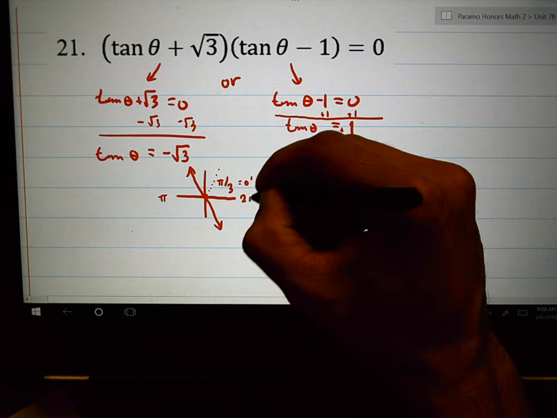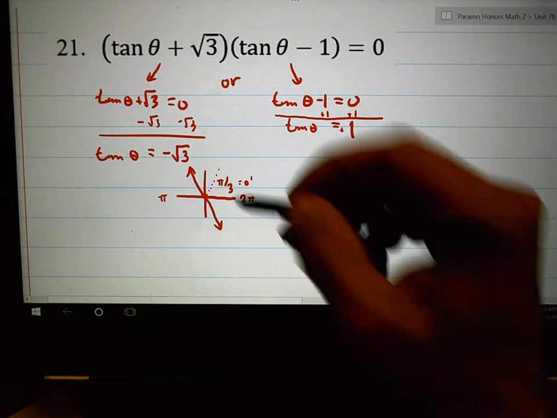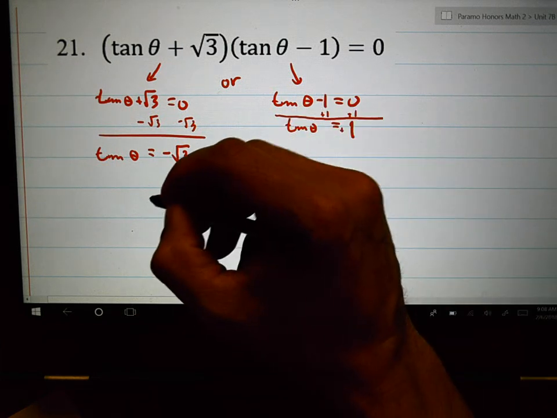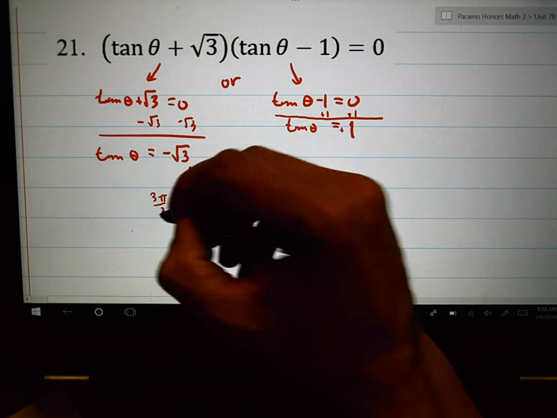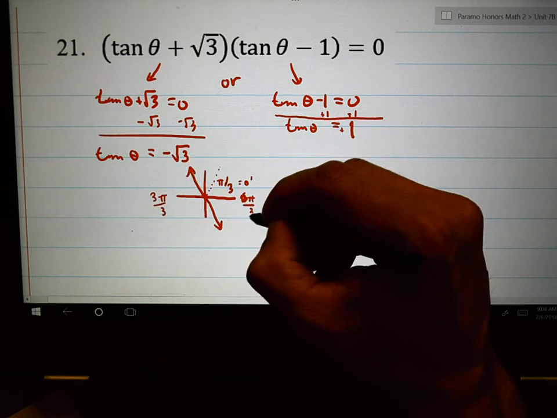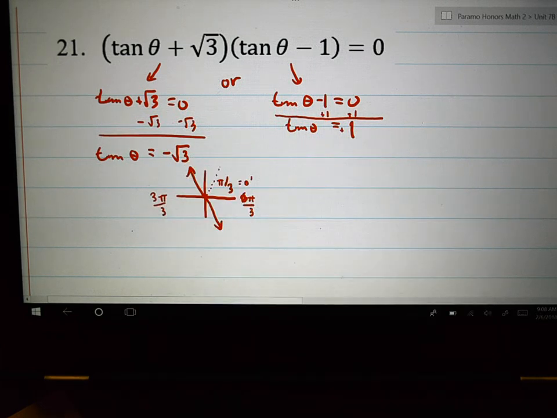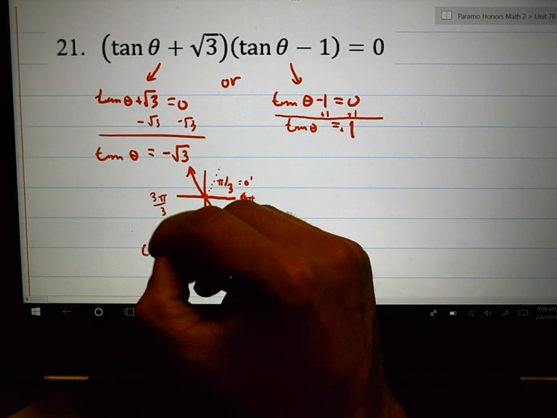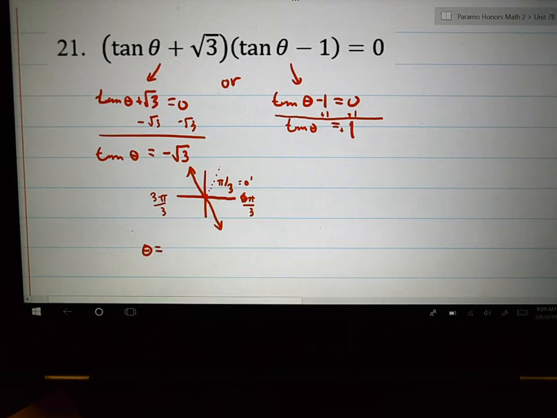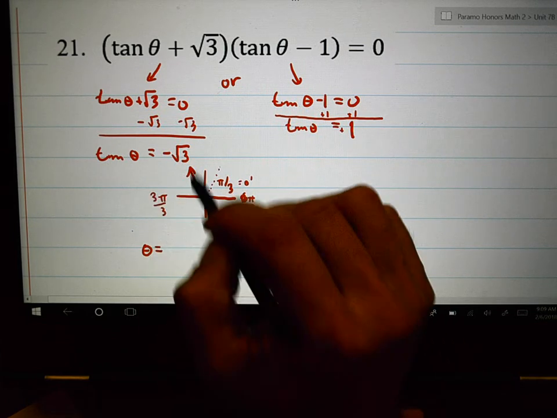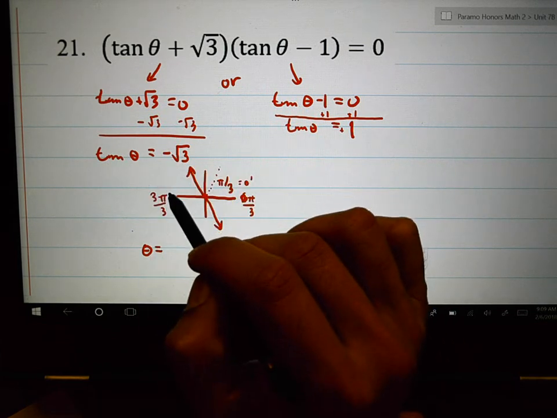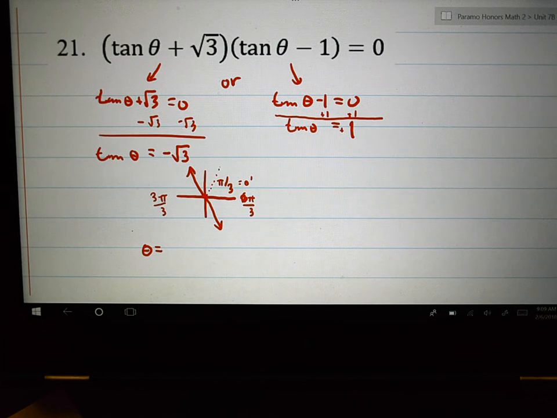And most likely, since the denominator is a 3, you're going to do something with 3 pi over 3 and maybe a 6 pi over 3, because that will help you figure out what the 2 possibilities are. With your partner, discuss what the 2 possibilities for this branch are. Discuss, please.